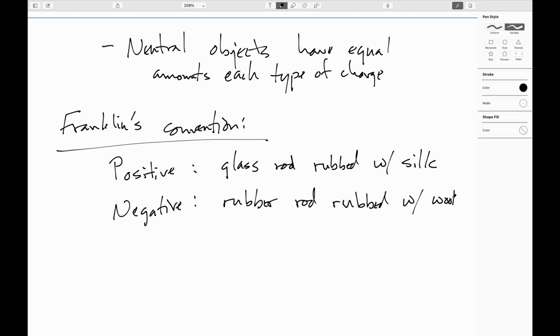When we get to electric circuits, you'll probably find yourself at a point where you will really, really wish that Franklin had made the other choice. This is because it turns out that in most, but not all, electric circuits, the mobile charge carriers are actually the negative electrons.